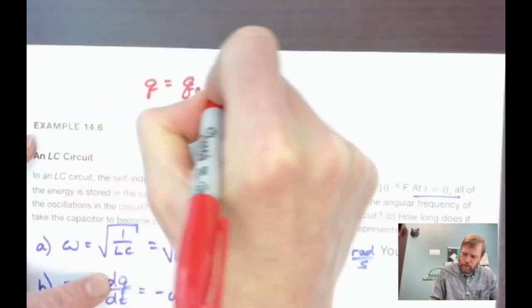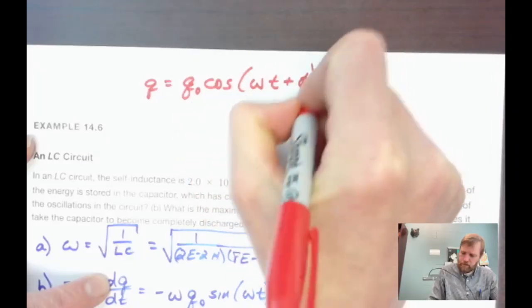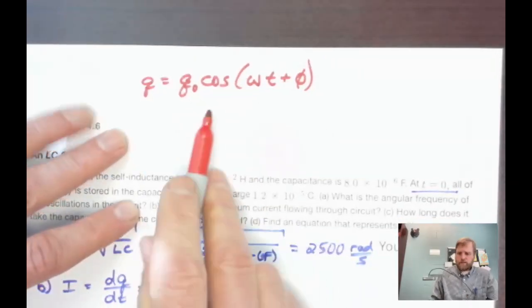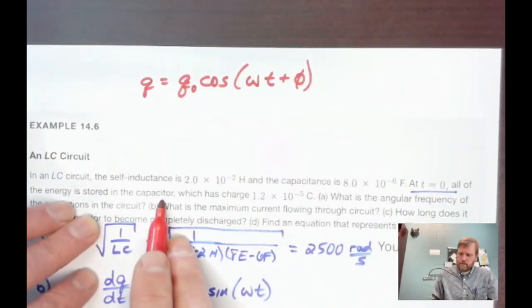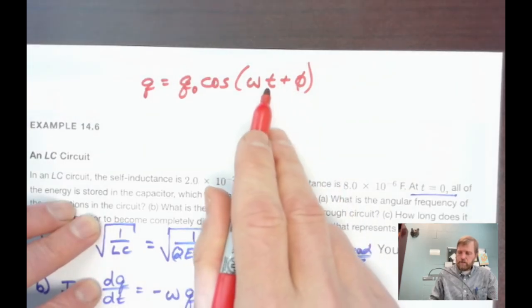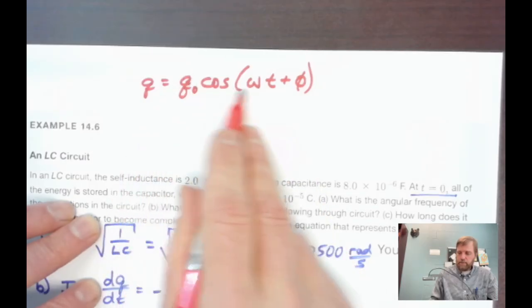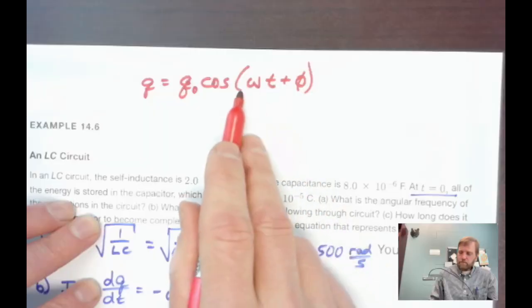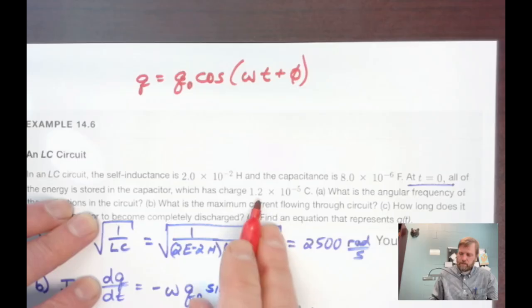So for part D, Q is equal to Q naught cosine of omega t plus phi. Let's go ahead and put it all in there. Now we know at t equals 0, all of the energy is stored in the capacitor. So that means that phi has to be 0, because when the cosine argument is 0, this is at a maximum. So phi is 0, and omega, we already got, is 2,500 radians per second, and we know what Q naught is.